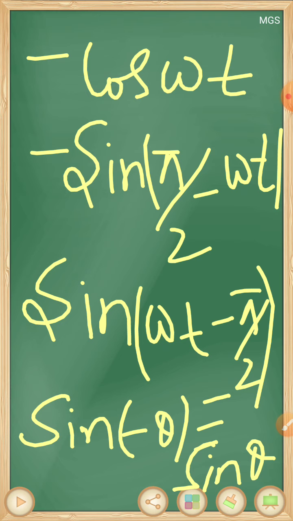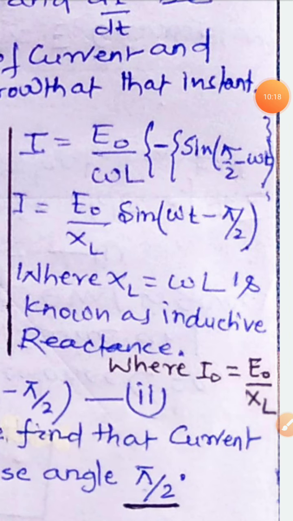So we are writing it as E naught by omega L, like V by R. So E naught is in the place of V, and omega L is in the place of R, so omega L is just like resistance.